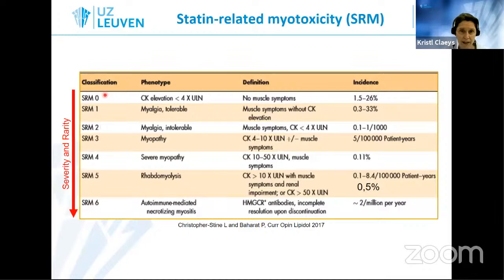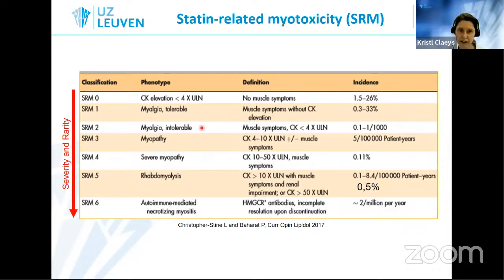In SRM0, you only have a CK elevation of less than 4 times the upper limit of normal, and no muscle symptoms in the patient. When the patient has a tolerable myalgia, for which he does not really need to take painkillers, so muscle symptoms without CK elevation, this is stage SRM1.